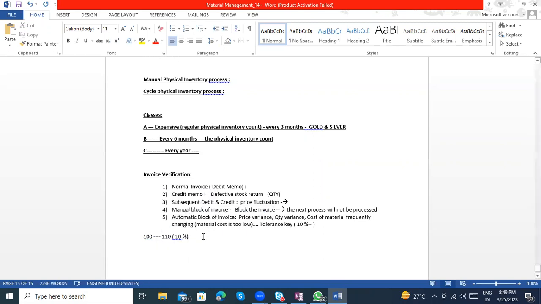If I receive 111, then the system will block immediately, because as per my company, they accept only 10% variance. This applies to upper and lower limits also, like 90. That is defined in the tolerances.